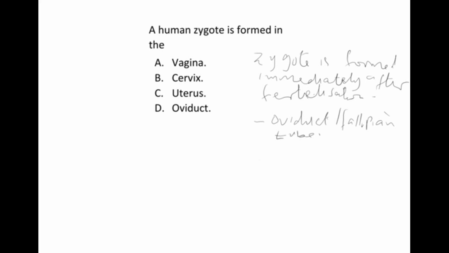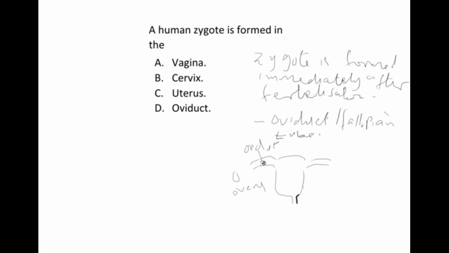So when you look at the female reproductive system, which usually looks like that, we have the ovary there. Then this part here is the one we call the oviduct. That is where fertilization takes place, and immediately after fertilization the zygote forms at that particular point.